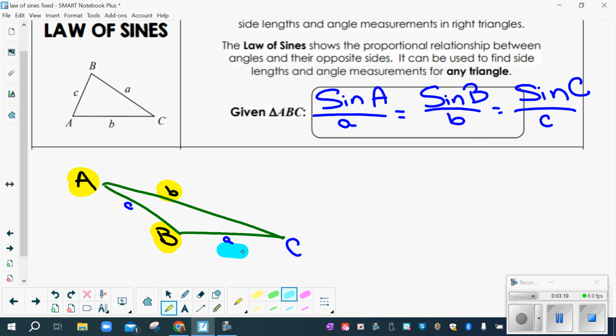That's our little formula. If you have 3 pieces, I'm telling you, you can find the rest. So we need 3 out of the 4 to make this work.